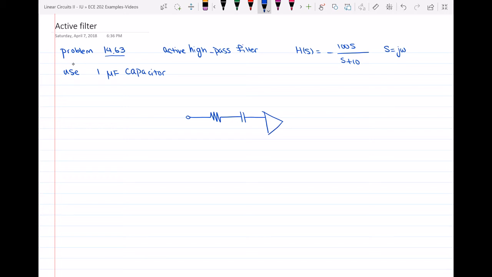Then we have the op amp, and we have the resistor RF over here. Alright, so we have VO and VI. Here we have RI, CI, and RF, and our op amp.